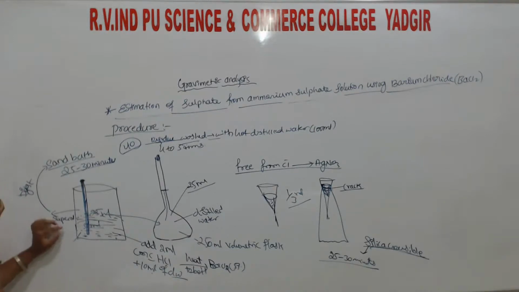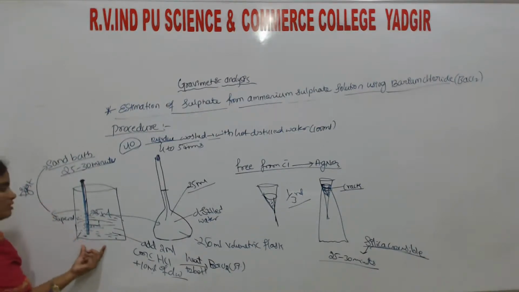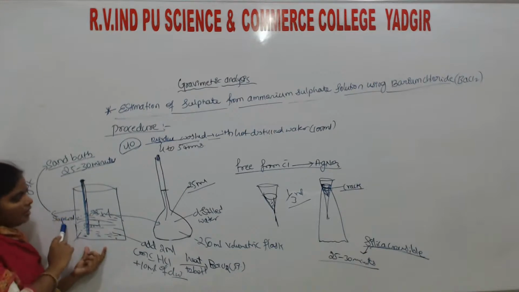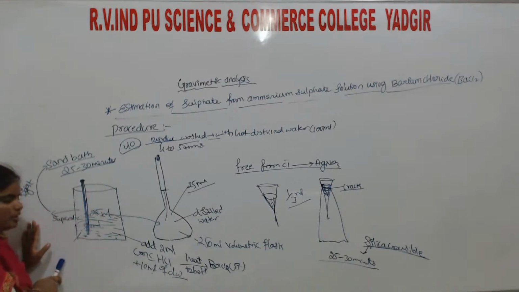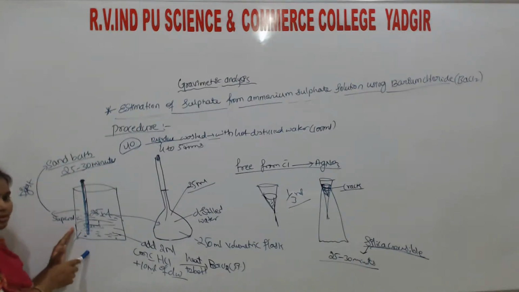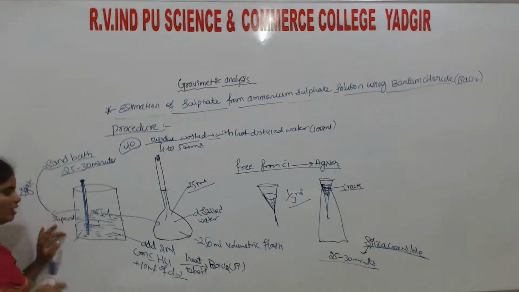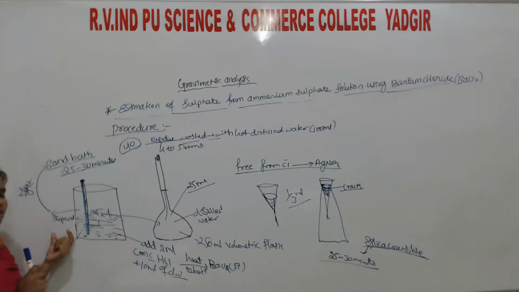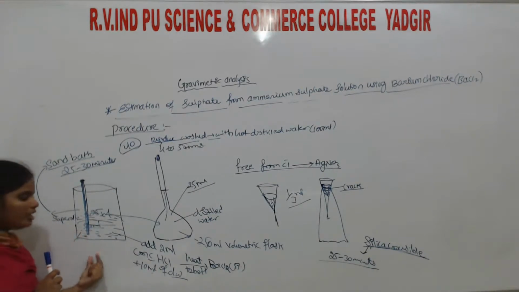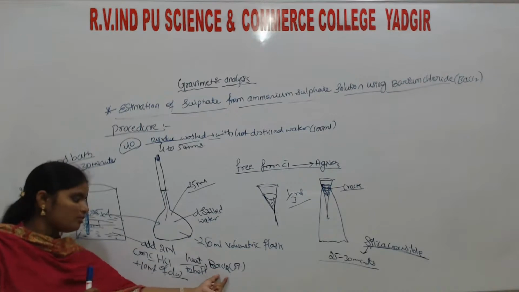Afterwards, heat this solution and allow it to settle down, then check the supernatant for completion of precipitation with 1 to 2 drops of the barium chloride solution.